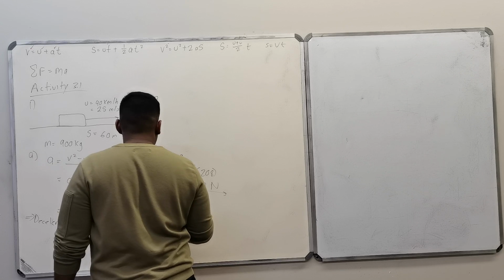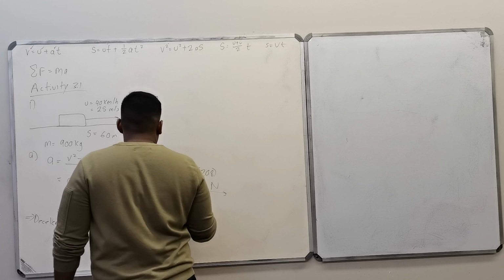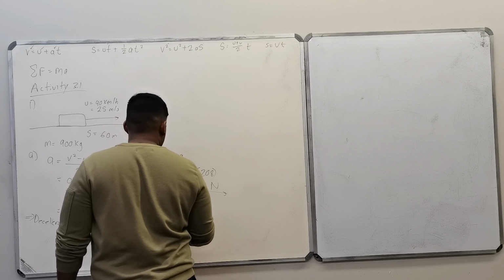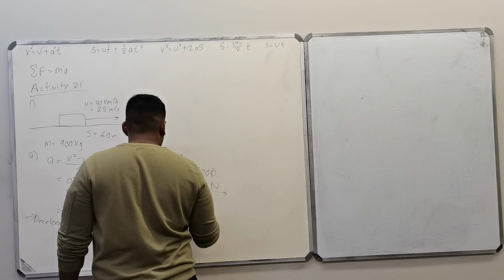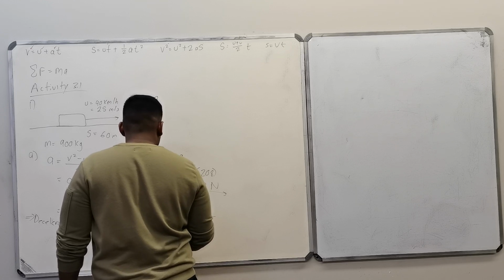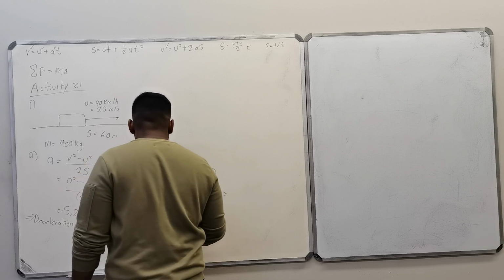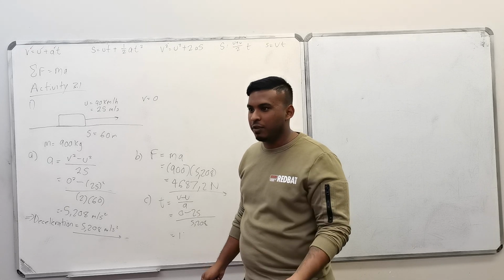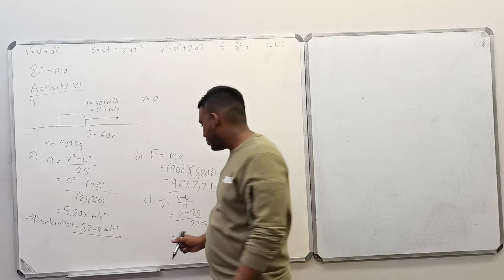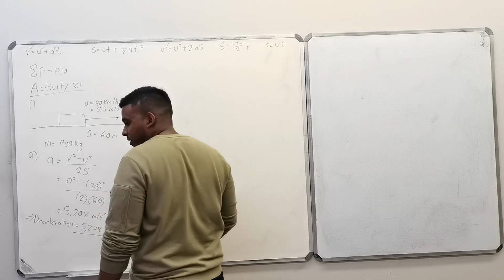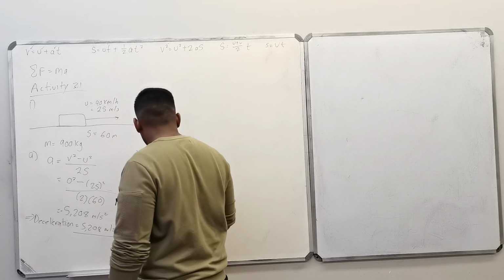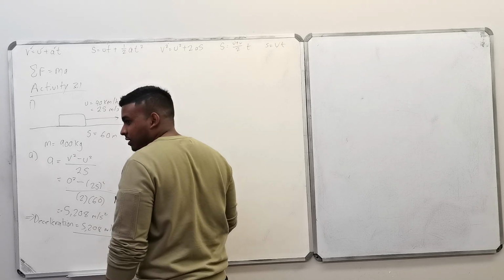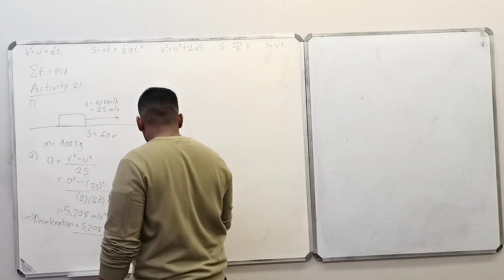So this will be equal to 0 minus 25 all over minus 5.208, which is 4.87 seconds.